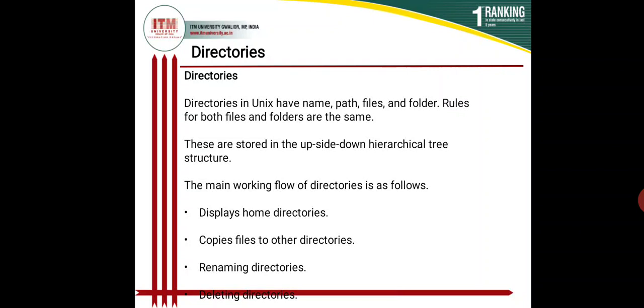Like, we have some file that is stored in our D drive, and inside the D drive we have another folder, the Unix file system, and inside that folder we have another one. We have created the structure of the Unix operating system. So this will create a path: D, then inside D we have the Unix system, and inside the Unix system we have the Unix structure.